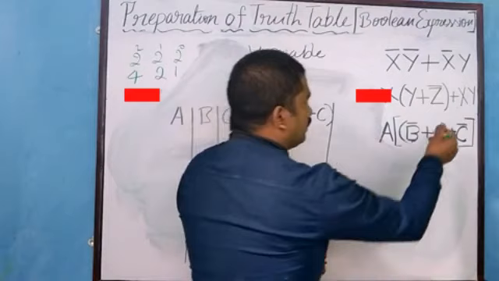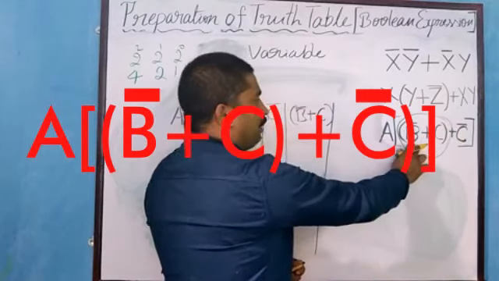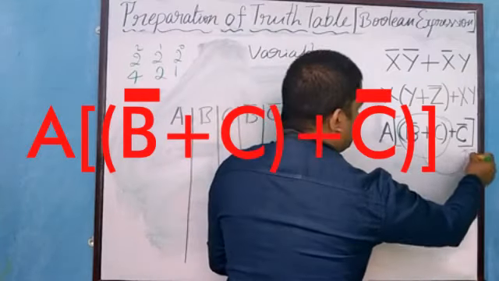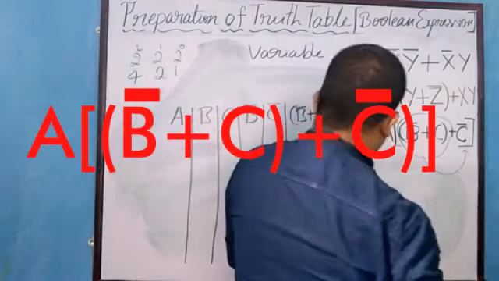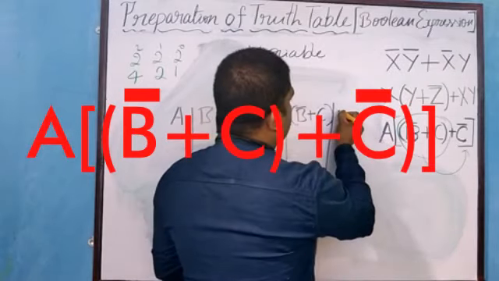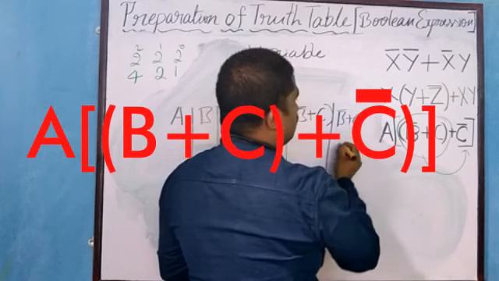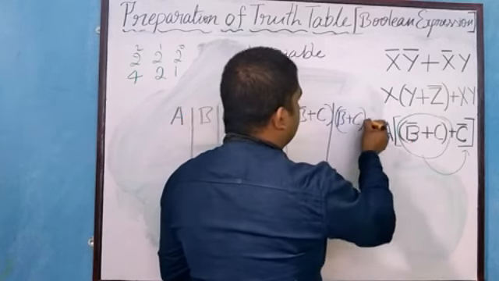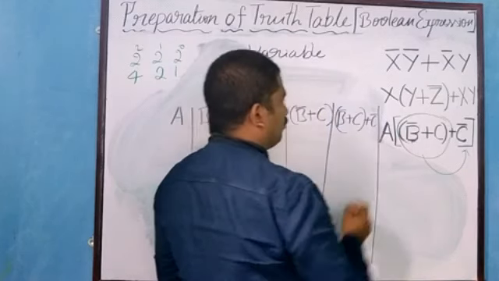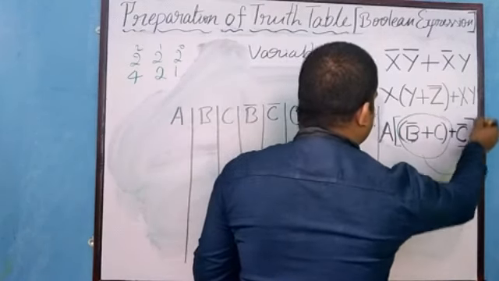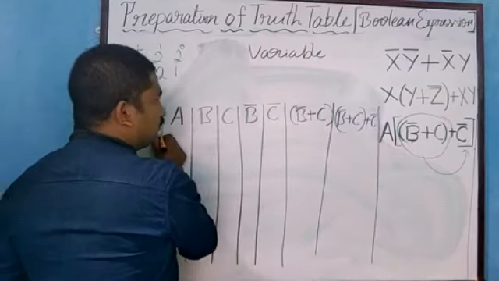We have already got b complement plus c. Add c complement to this, because we have c complement here. So what we can write here is b complement plus c plus c complement. Okay. So finally we can have this value. Okay.